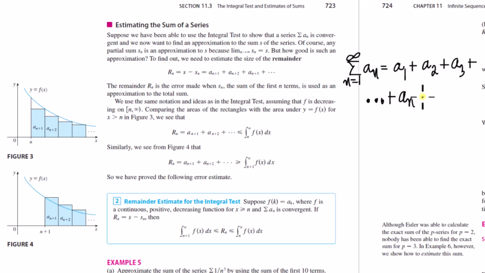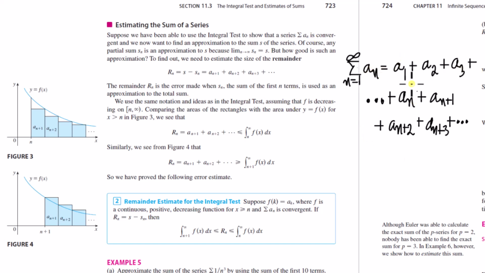We can write it this way, but then we're going to infinity. And so what we're going to do is say that then we've got A sub n plus 1 plus A sub n plus 2 plus A sub n plus 3 all the way to infinity. This is one way to write out the infinite sum.